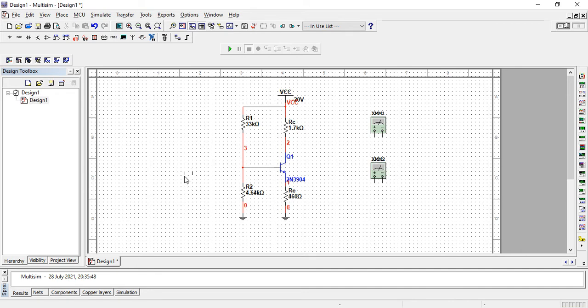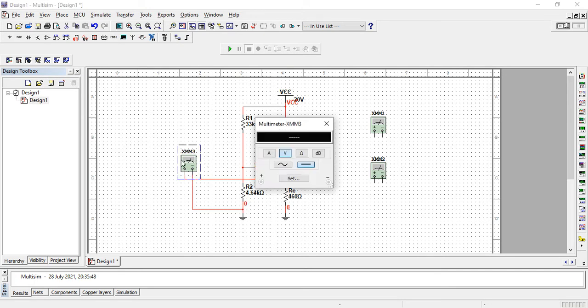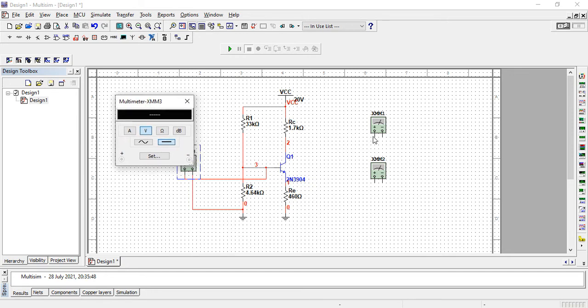So everything is DC here, so I want to check my base voltage, my collector voltage connecting with my collector arm and negative side with ground, and the last one is my emitter voltage. So emitter side, okay, its space is very less, let me increase it.